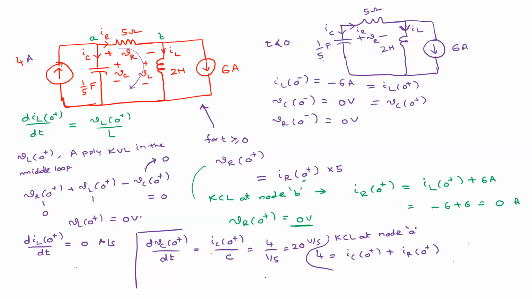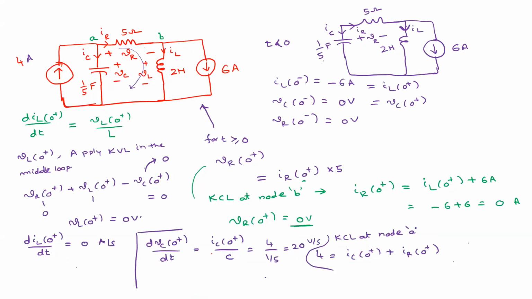Understood? Right? So next we proceed to the next one, which is dVr of 0 plus by dt. Okay.